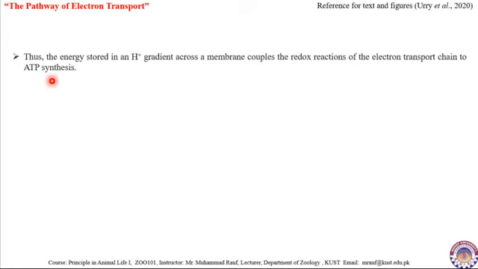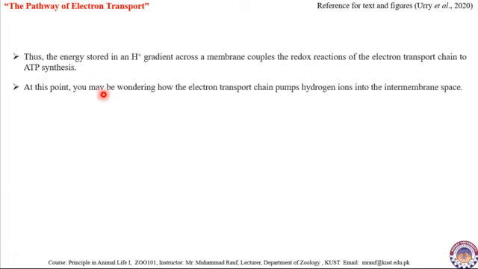Then when the hydrogen ions are in large concentration in the intermembrane space, they try to sneak back into the mitochondrial matrix, and in this way they use the route provided by ATP synthase, and the ATP synthase synthesizes ATPs in this way.